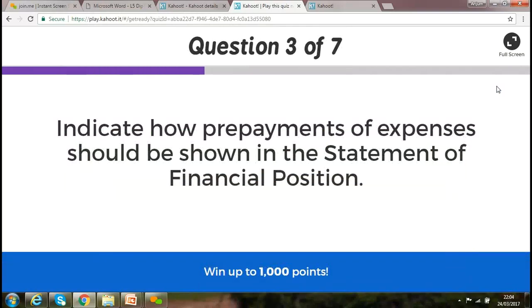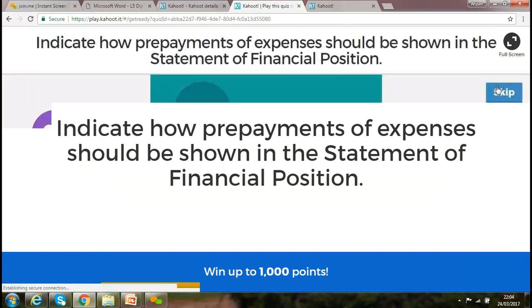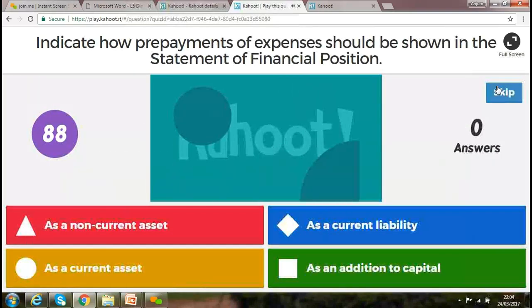Okay. Then, which statement? Prepaid will show what type of asset. The statement of financial position shows all assets, all liabilities, and capital. So where do we show the current asset? Prepaid is a current asset.